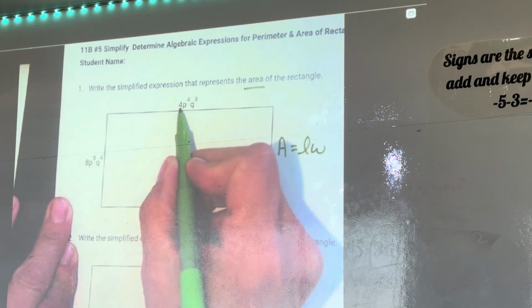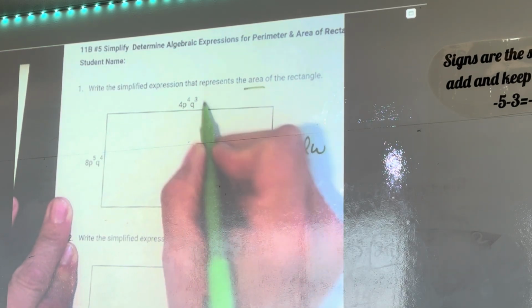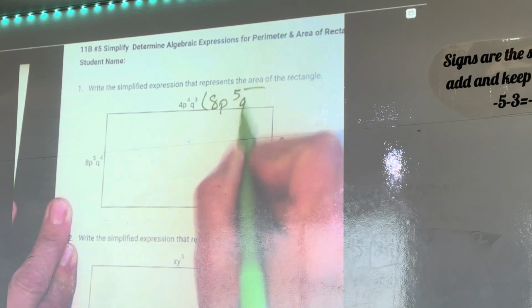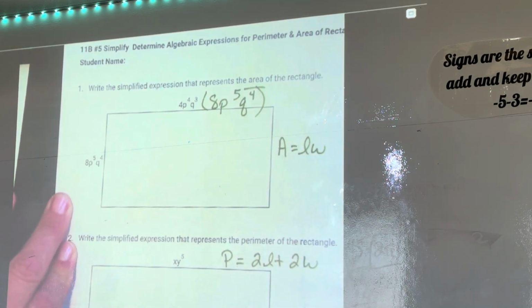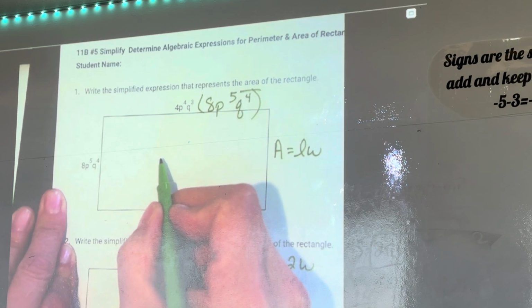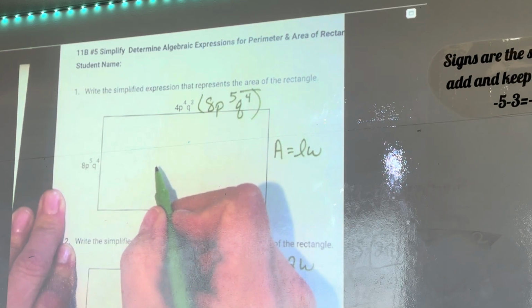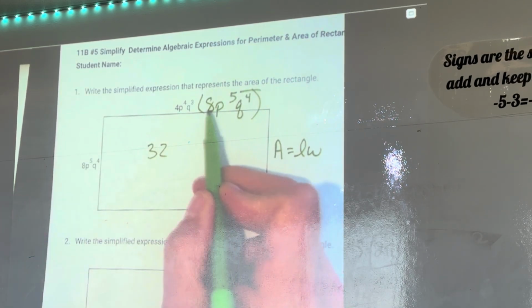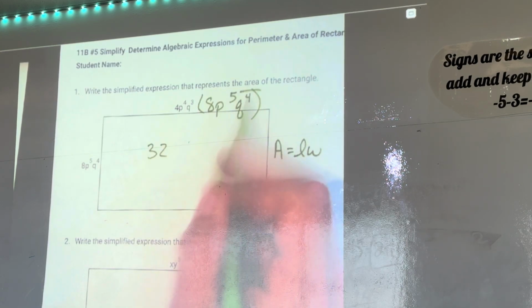So we have 4p to the 4th q^3 times 8p to the 5th q to the 4th. So when you multiply the coefficients, what's 4 times 8? Anyone? 32. And then you add the exponents.